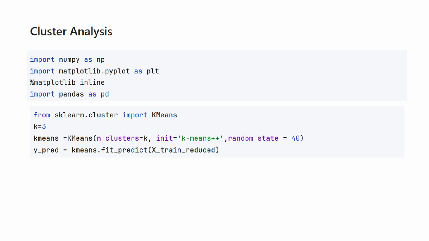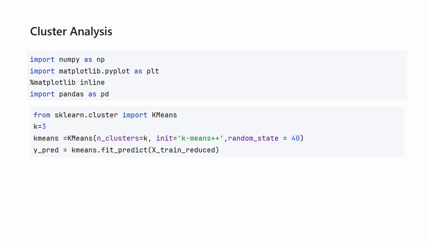Since our earlier principal component analysis suggested the presence of three groups, we begin by setting the number of clusters to 3 using the n_clusters parameter. The random_state parameter is specified so that the same initial conditions are used each time the code is run, making the results reproducible.